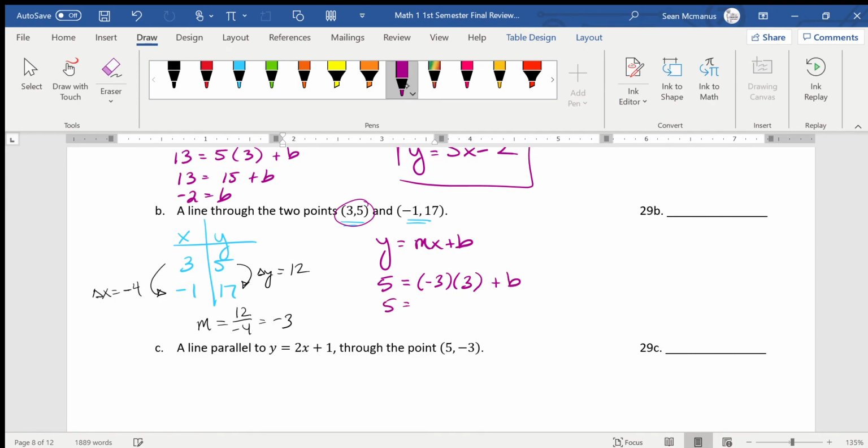So 5 equals -9 plus b. All right, add 9 to both sides to get, and 14 equals b. All right, so I solved for the m and I solved for the b. So I know y equals -3x plus 14.